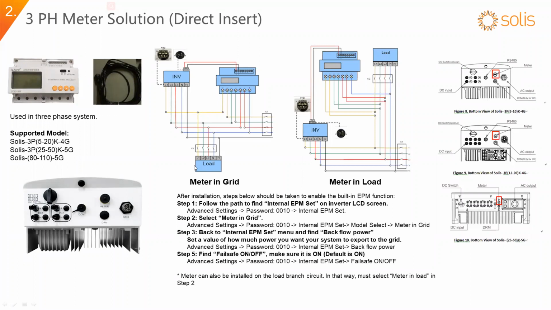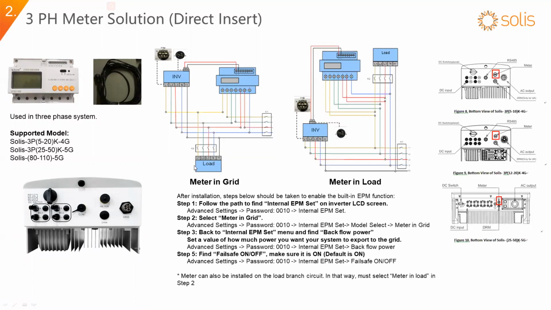You need to make sure there is a minimum distance between them, otherwise the communication data will be interfered with by the power line. The EPM cannot transmit through a wireless module because it still requires the communication cable between the EPM and the inverter.